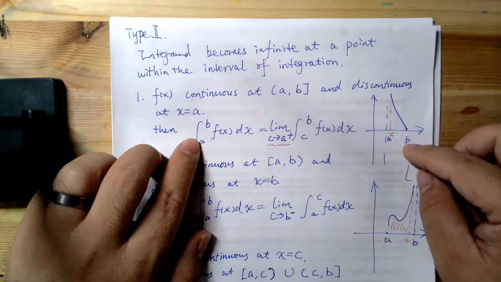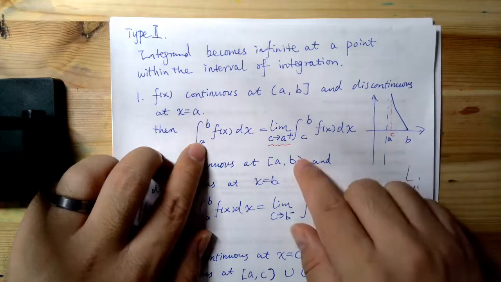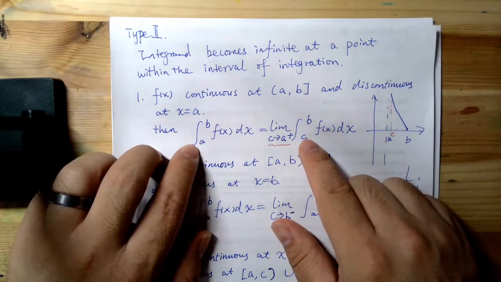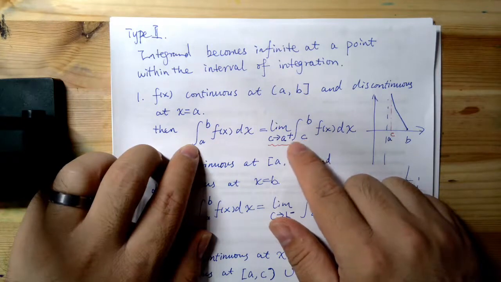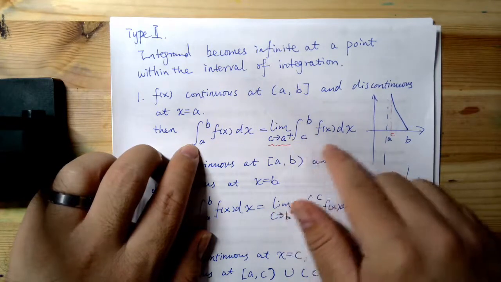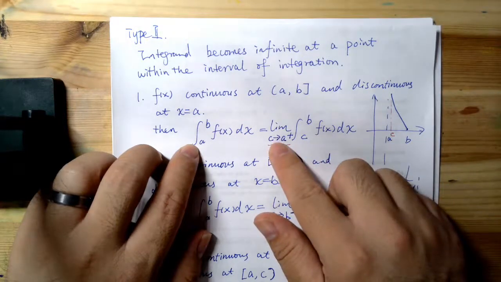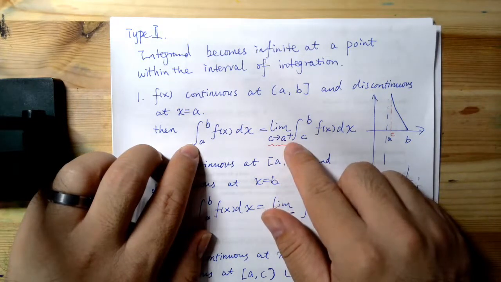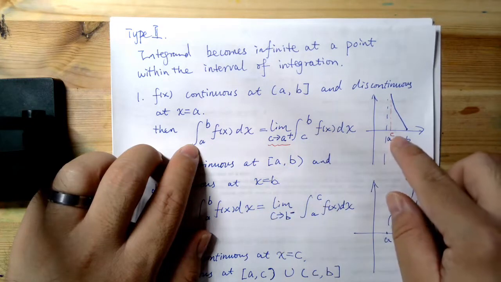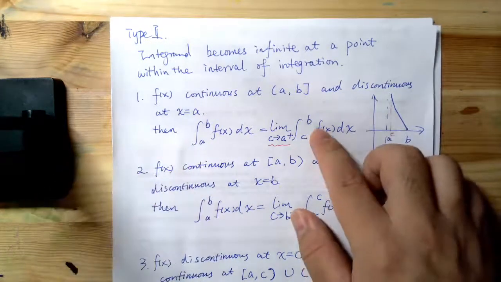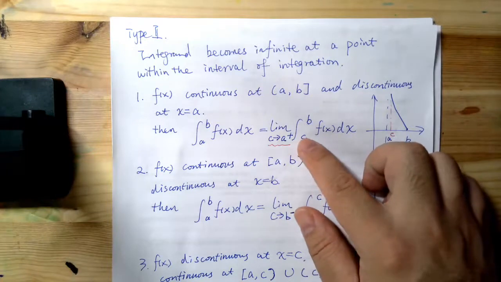The basic idea is to replace a with another variable c, evaluate this definite integral first, and then take the limit as c approaches a from the right, because we are approaching a from the right-hand side. So this is actually a one-sided limit.